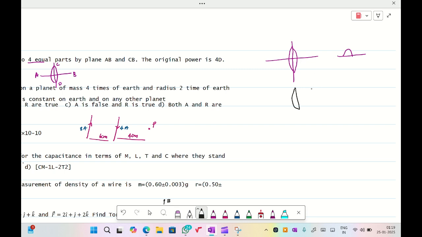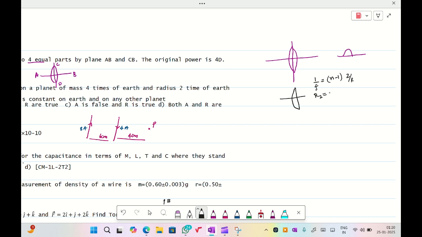So from the lens maker's formula, the focal length of the lens is 1 by f equal to (n minus 1) into (1 by R1 minus 1 by R2). This is a biconvex lens only. R1 is positive, R2 is negative, therefore it is 2 by R. This is the direct formula I am taking. So now after cutting perpendicular to the principal axis, what happened?